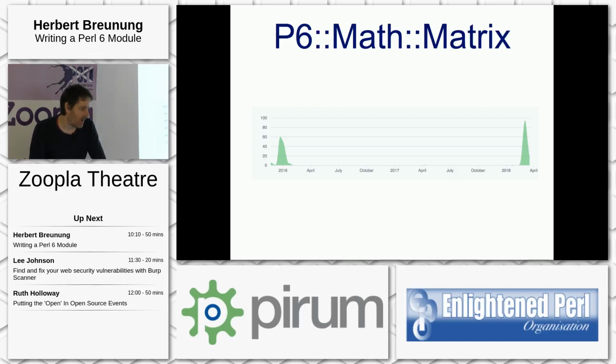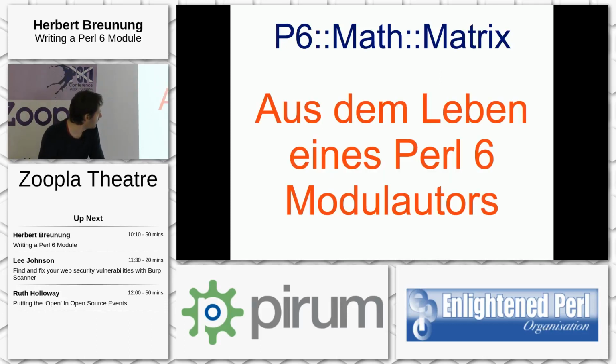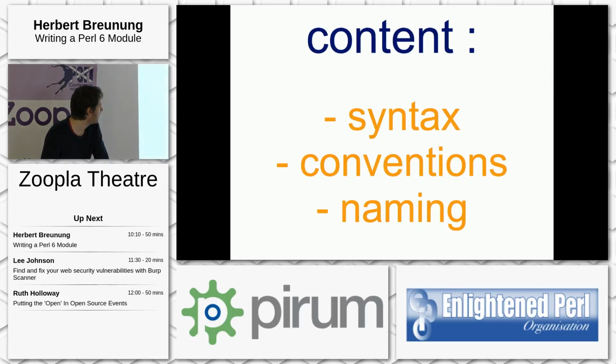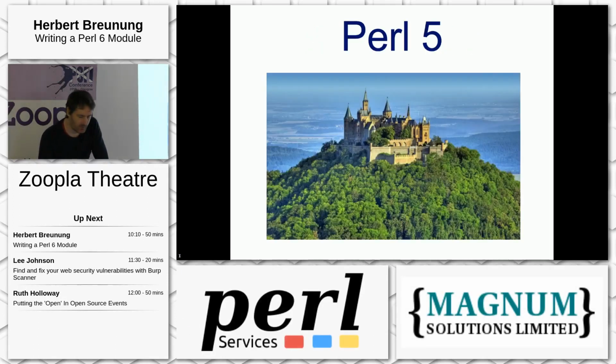What I want to do, which I think is much more important, is to think about stuff, and not only in a software design way, but also how to make a nice interface which is a joy to use and which also integrates into the Perl 6 world. This was the original talk in German, like I said, and this talk will be about that.